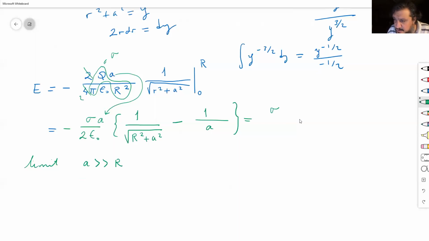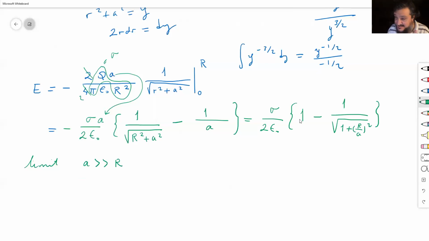So this will be sigma over 2 epsilon 0. Then there's only 1 left here: 1 minus 1 over... Now remember, we're taking A out. So this will be 1 plus R over A squared. Okay, so this is after factoring out A. Now, if A is much larger than R, oh, okay, I know what I'm going to do.